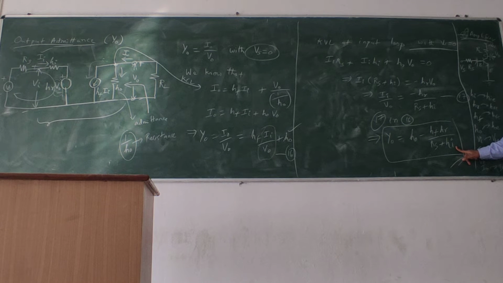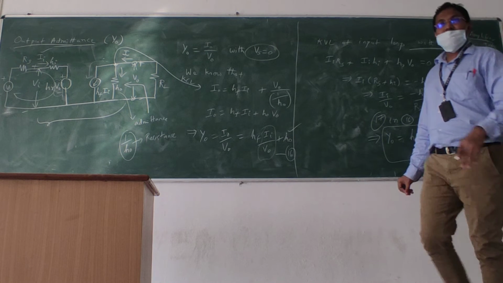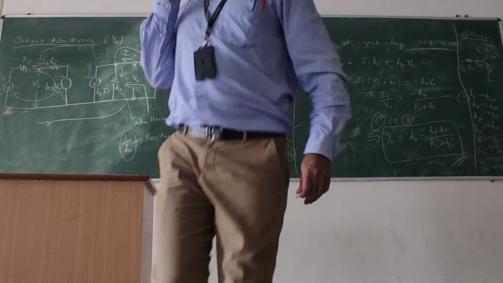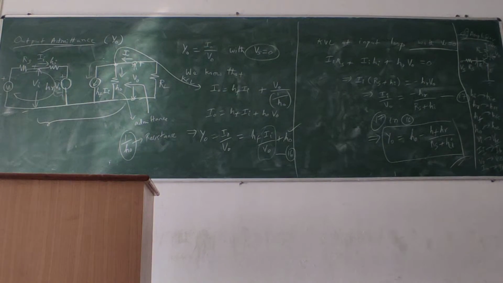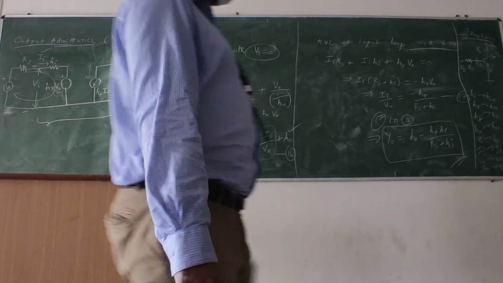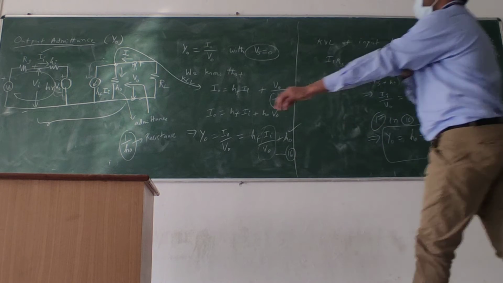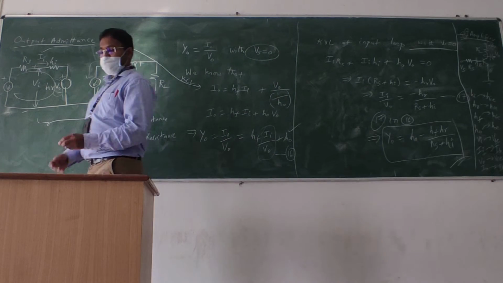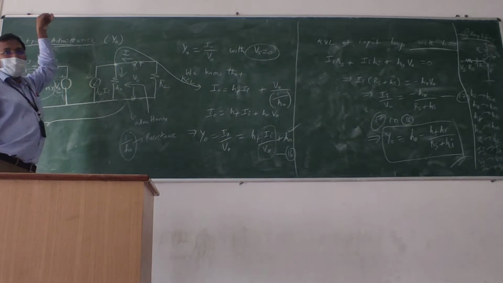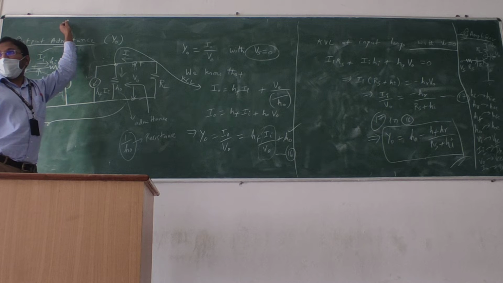The logical steps will be the same. Only the variable is changing. That is for all the cases: input impedance, voltage gain, current gain, output admittance, everything. Okay. So shall I put CE amplifier and modify?